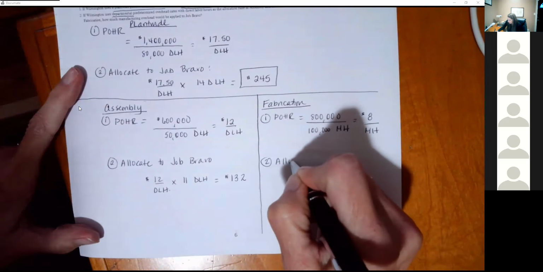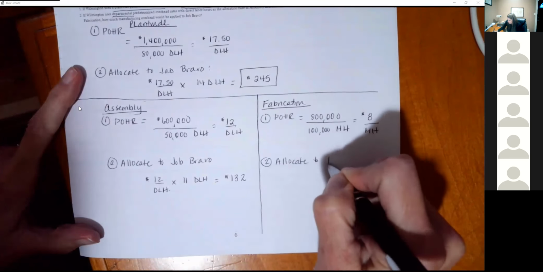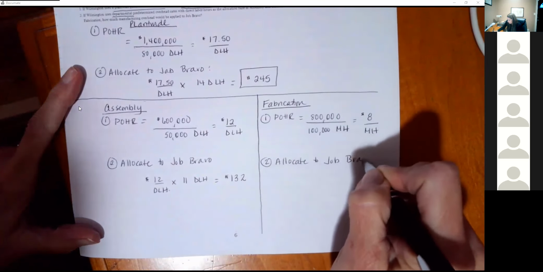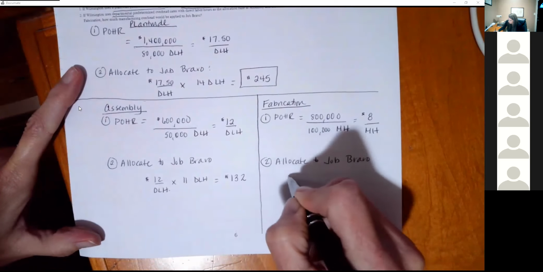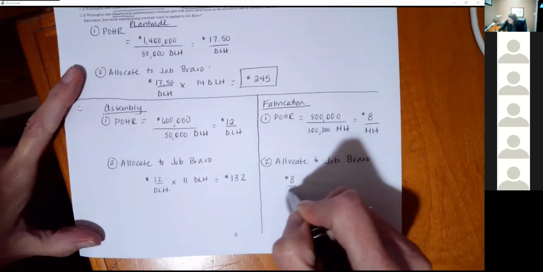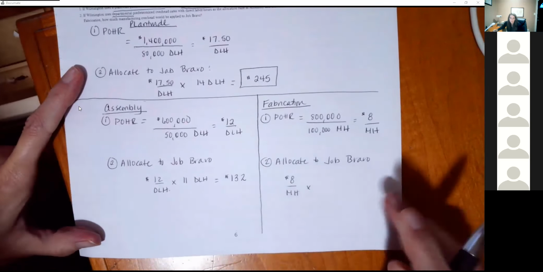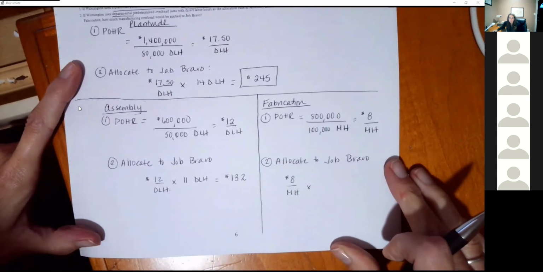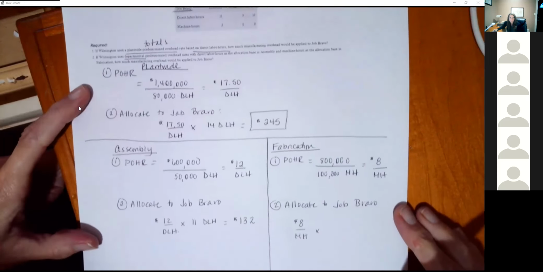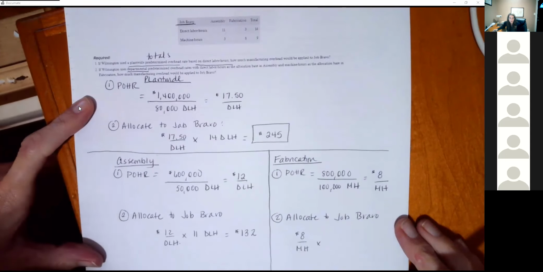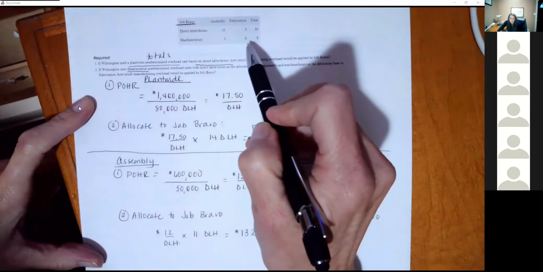And then we're going to allocate it to the job. So it's $8 per machine hour. And how many machine hours did we spend in fabrication for this job? 6. Good, 6 right here.